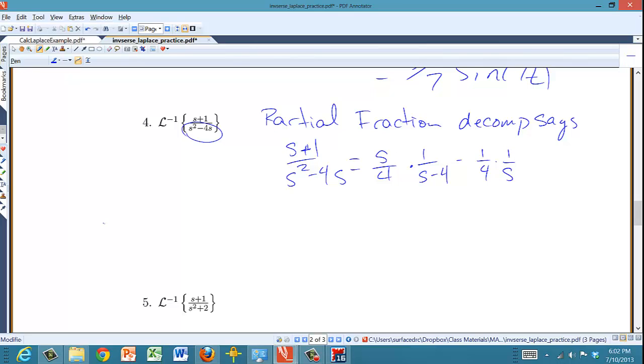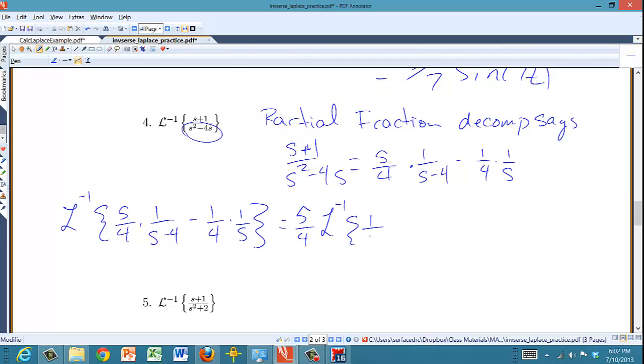Alright, so what we really have is we want to inverse Laplace transform 5/4 times 1 over s minus 4 minus 1/4 times 1 over s. That's going to be 5/4 times the inverse Laplace transform of 1 over s minus 4 minus 1/4 times the inverse Laplace transform of 1 over s.